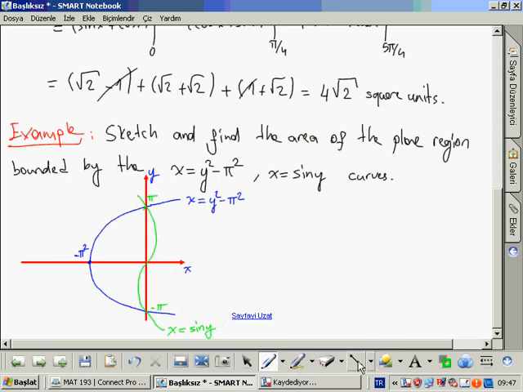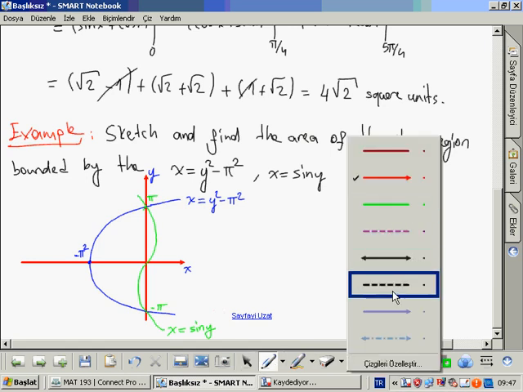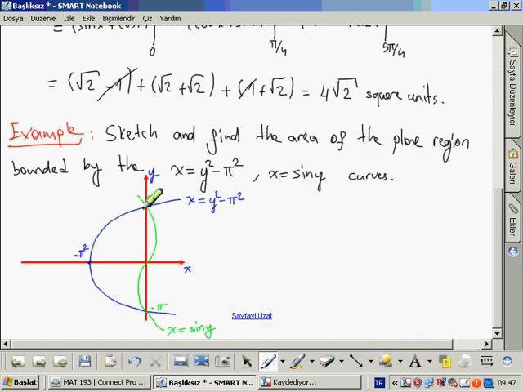Now we are trying to find this yellow region's area, as you see.